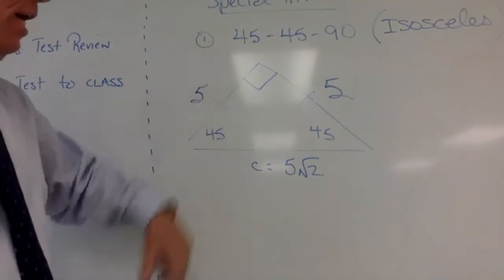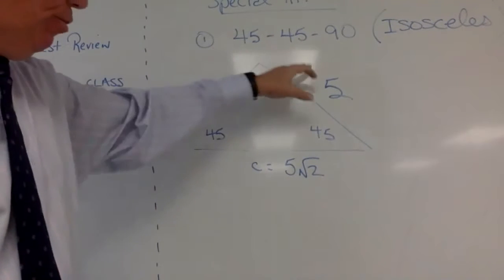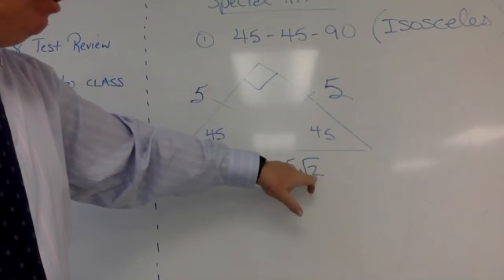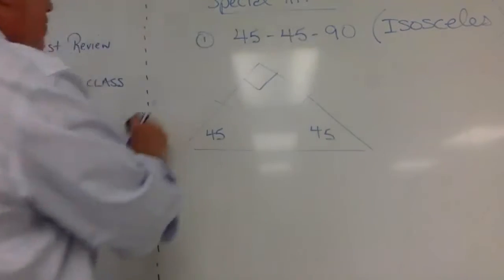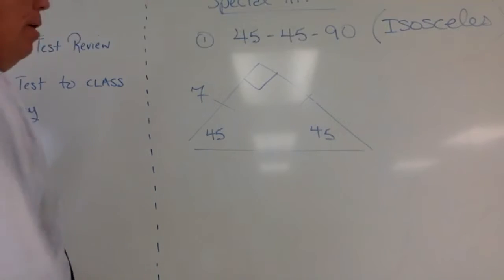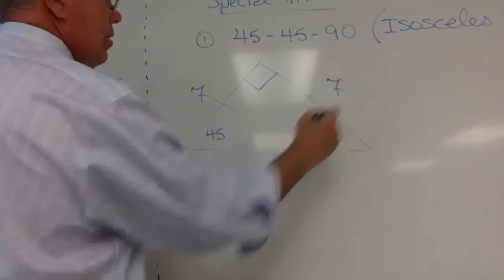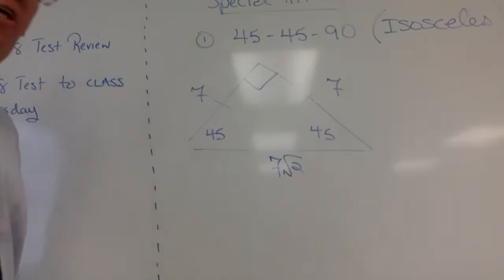So that's the first thing you got to remember. The hypotenuse in an isosceles right triangle is radical 2 times the side. So for example, if I tell you this is 7, what are the other 2 sides? Go. 7, 7 radical 2. Yep, you don't have to do any thinking.